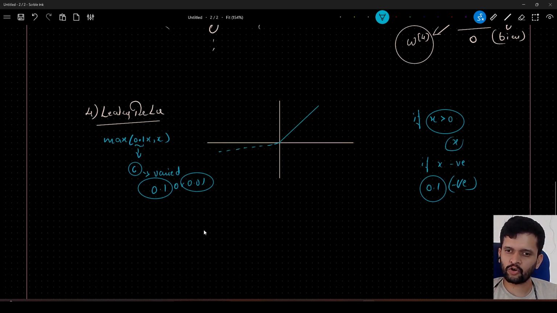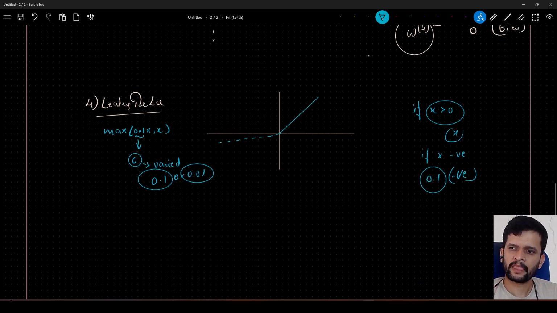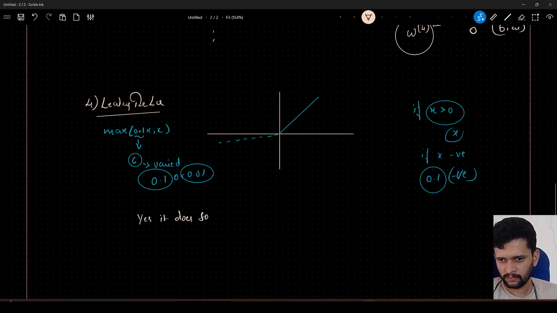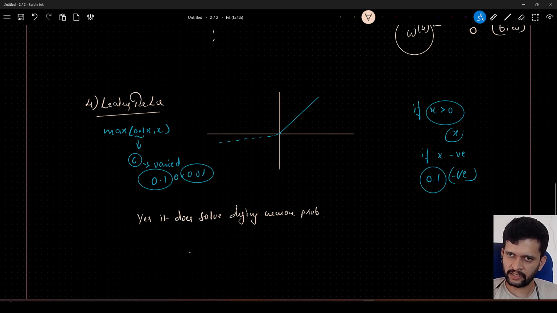And does this solve the dying neuron problem? We can say kind of yes, it does solve the dying neuron problem, right? And does it have the vanishing gradient problem? No, no vanishing gradient problem, right?